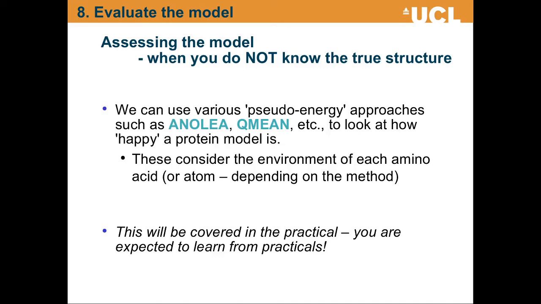Whereas if we took two positively charged residues like two arginines, they would prefer not to be close to each other. So we can look at the environment of each residue, look at what other residues are surrounding it, and see whether or not it's likely to be happy.